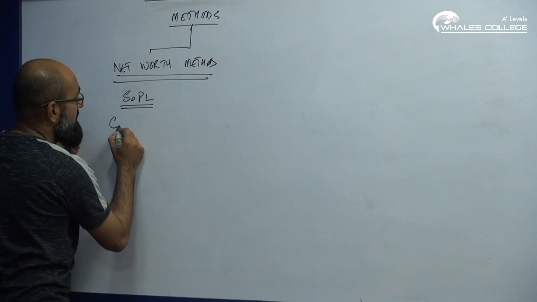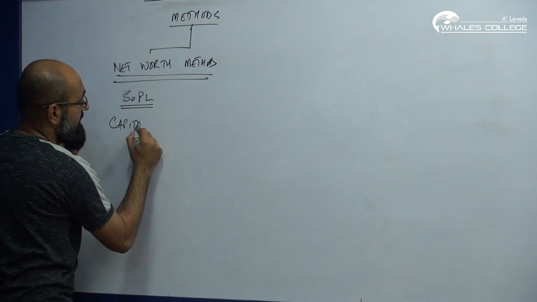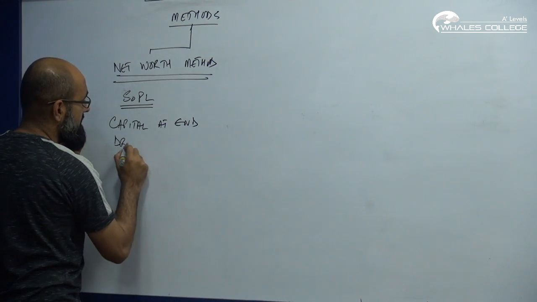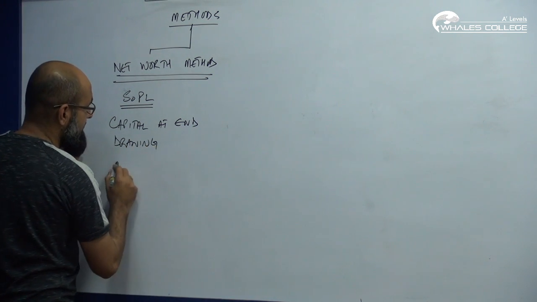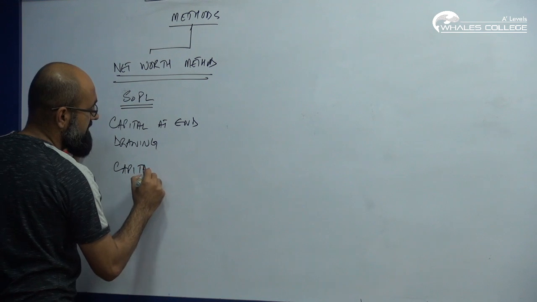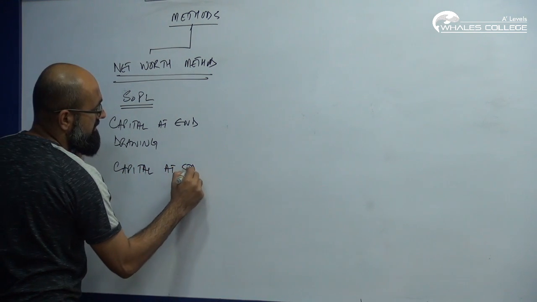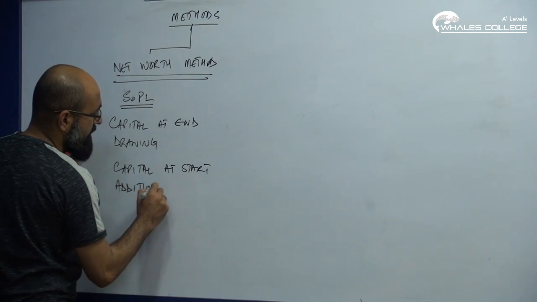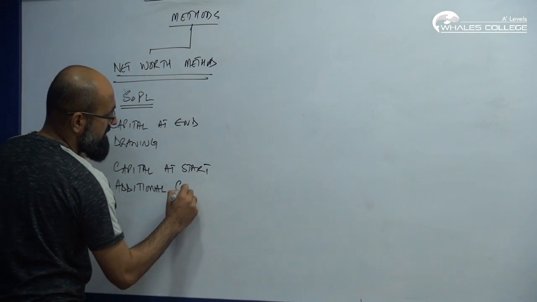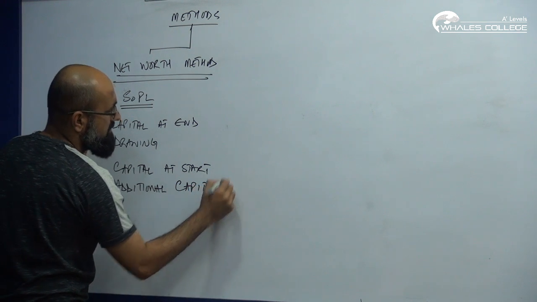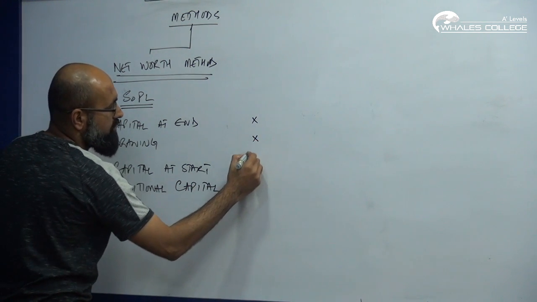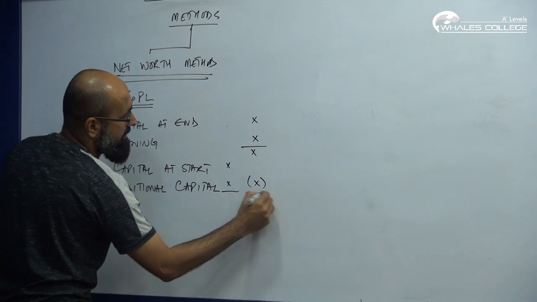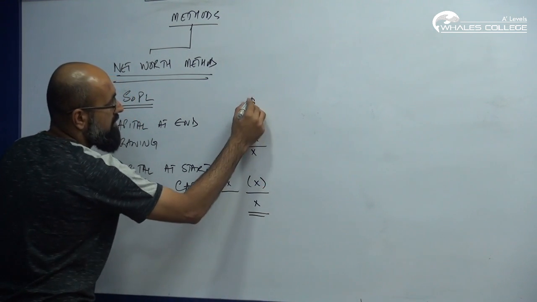If you remember, it's capital at end, add drawings, less capital at start, and less additional capital. Only 4 items in this statement: capital at end, add drawings, less capital at start, and less additional capital. That's all.